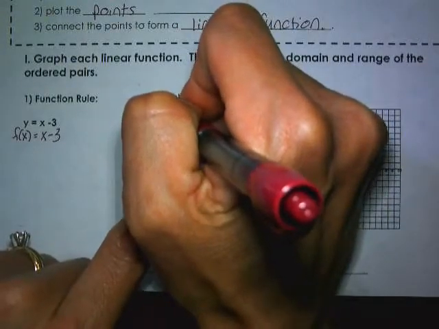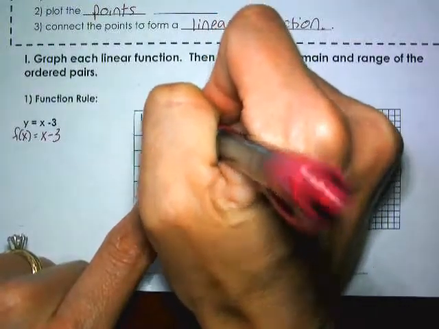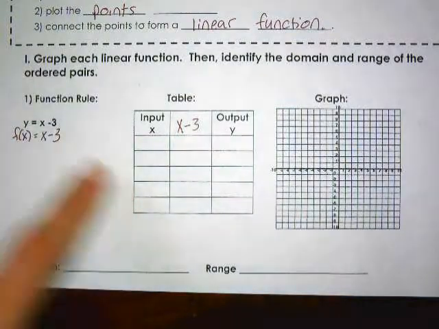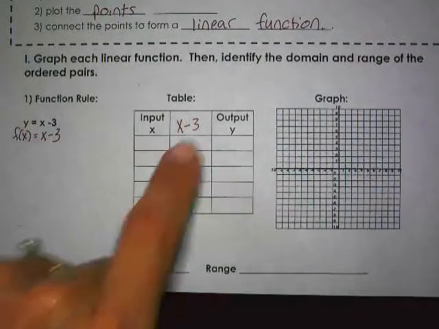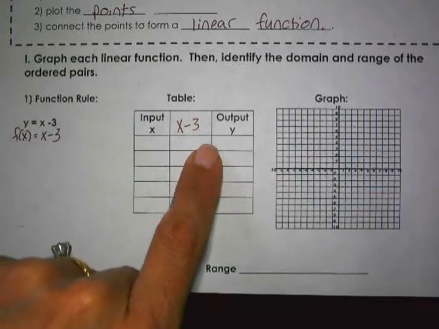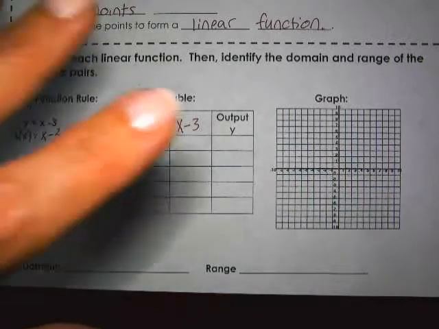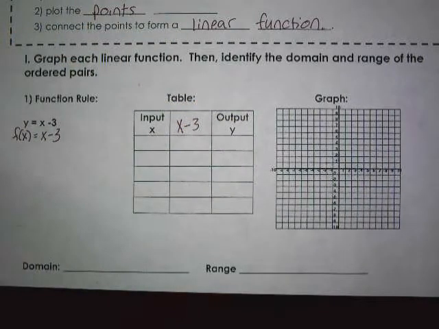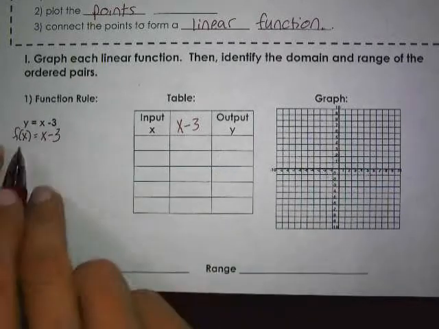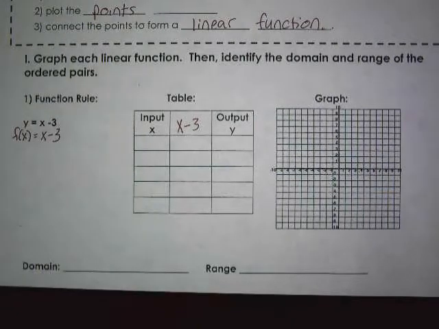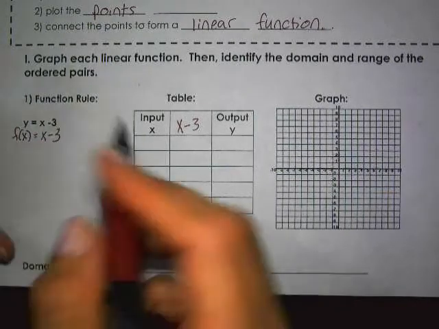So in here, I'm going to put our function rule. Our function rule is y is equal to x minus 3. I'm going to touch on something that we skipped over because of the virtual aspect of this. When you do it as a function, we use this notation.